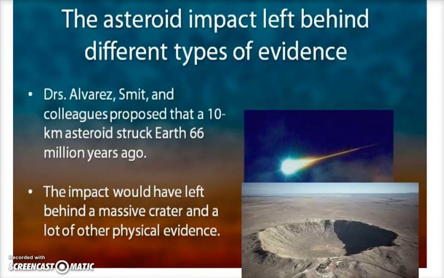First, we just need to talk about evidence left behind. A scientist a long time ago hypothesized that a meteorite or an asteroid struck the Earth 66 million years ago. And again, if that's true, then there would be a massive crater and lots of other physical evidence.